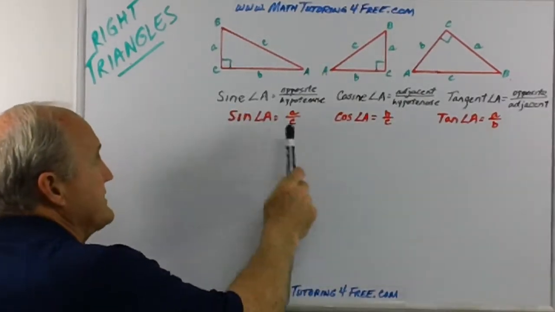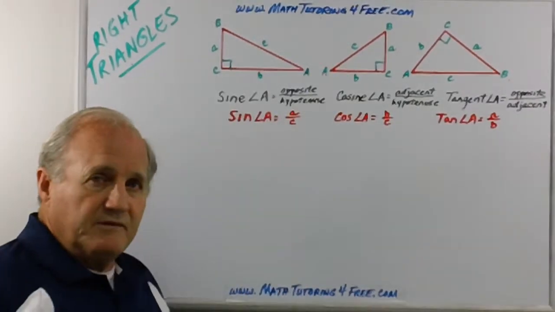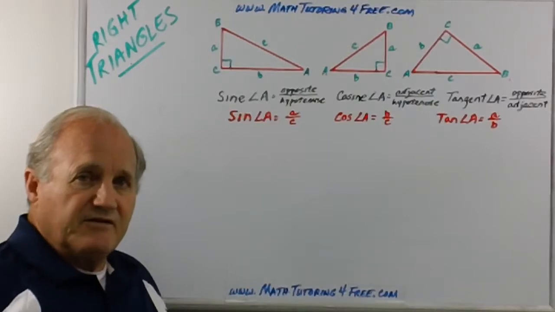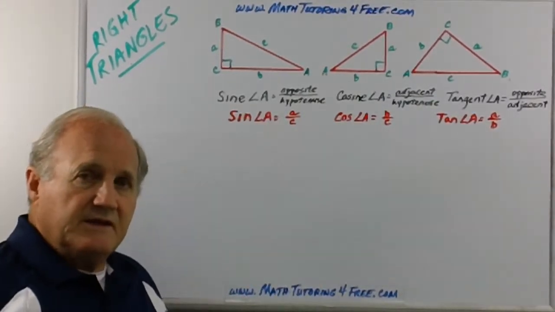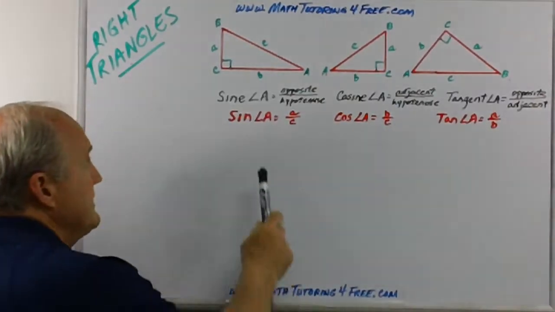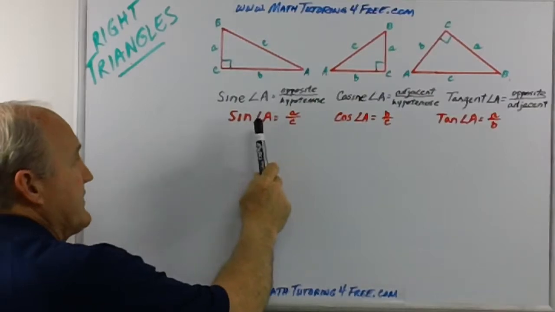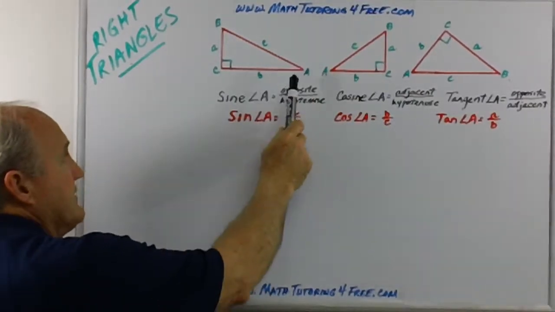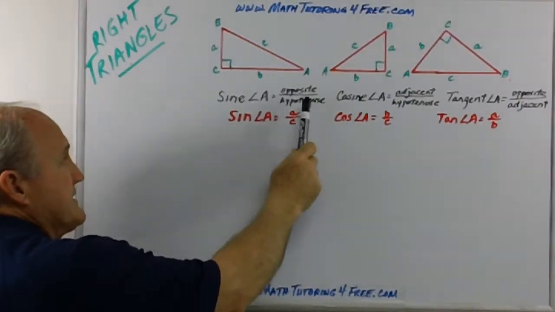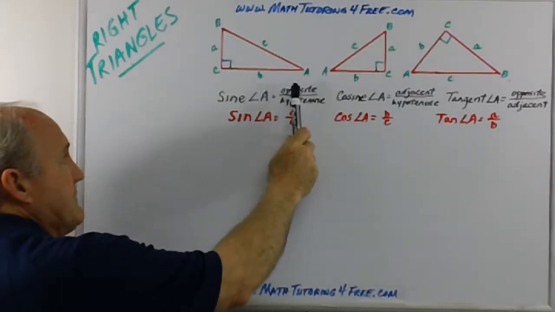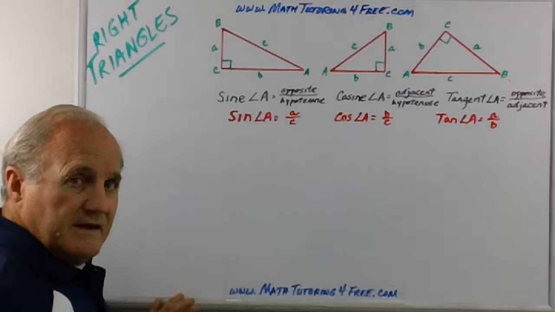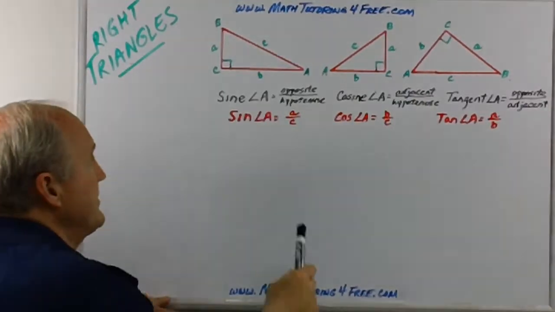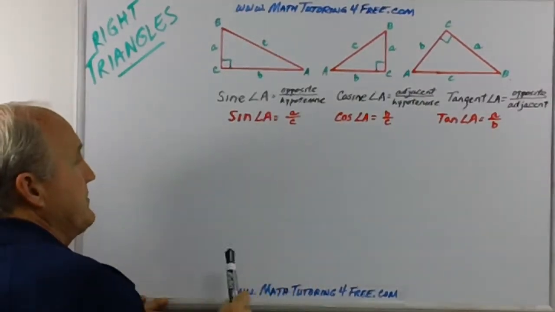The three functions within trig that we are going to study are the sine, the cosine, and the tangent. Each of those represents a particular ratio. For instance, the sine of an angle, this is angle A, is equal to the ratio of the opposite side over the hypotenuse. That's something you just need to burn into your mind: opposite over the hypotenuse.